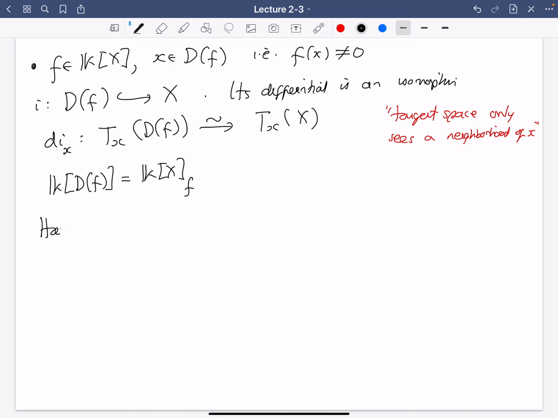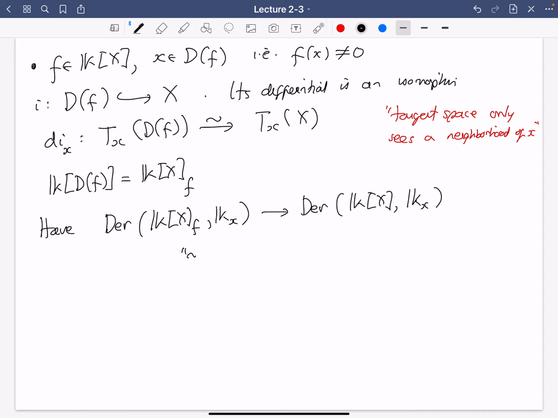So what we have with this differential is the map from point derivations from the localization to kx to point derivations on X. And this is just the natural restriction along the comorphism i star, which is just this algebra homomorphism from K of X to K of X localized at f.